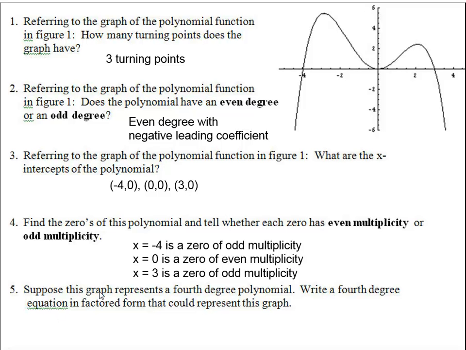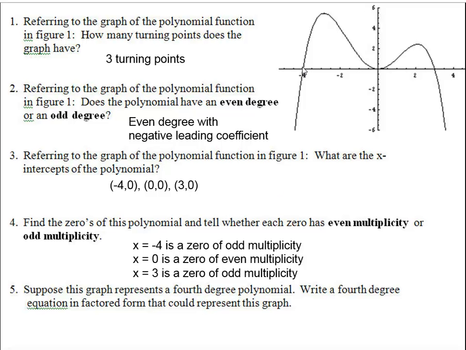Now, number 5 says, suppose that we want to write a 4th degree equation that could represent this graph. Now remember, up here we had said that the polynomial had an even degree because it looked like a parabola at the ends, and this is confirming that for us. This is pretty straightforward in the sense that I have all of the zeros, so I know the factors.